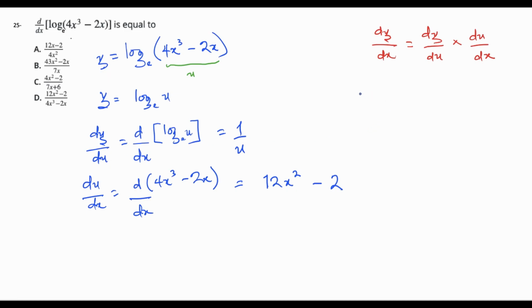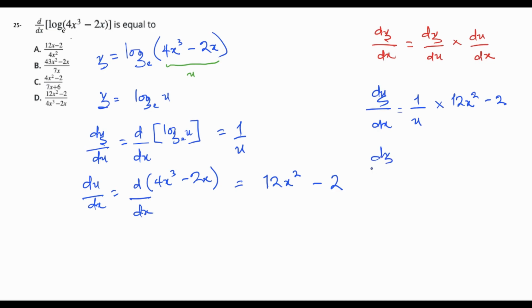So if we multiply them like we had stated before, dy/dx is now going to be equal to 1 over u by our du/dx, which is 12x squared minus 2. But we know that our u is equal to 4x cubed minus 2x.